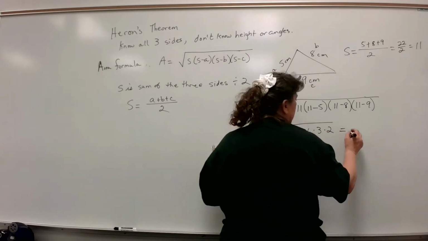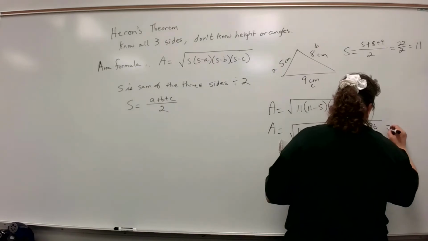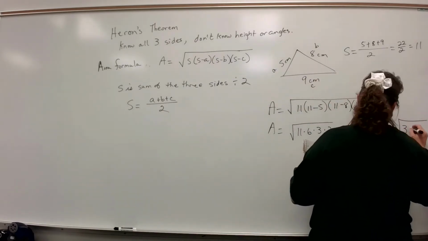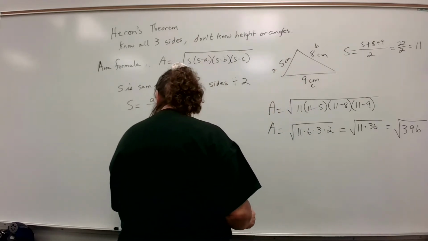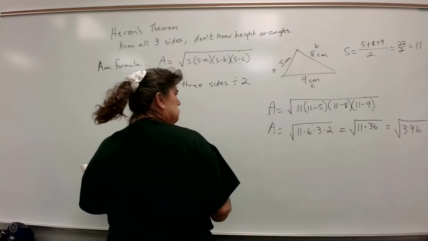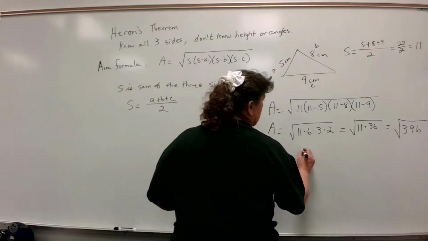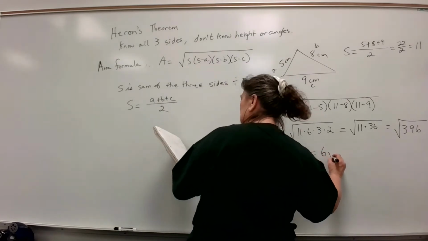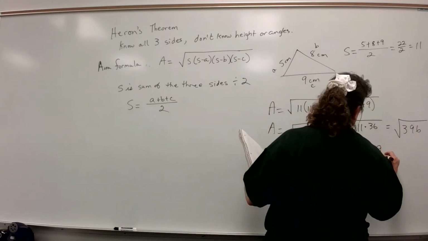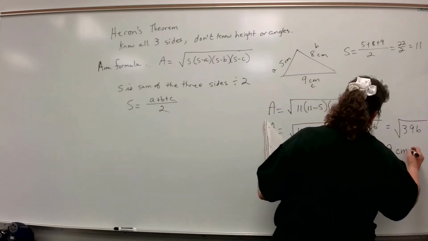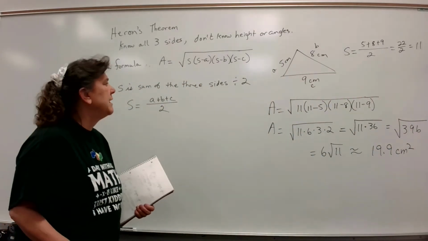And that's equal to the square root of 11 times 36 equals the square root of 396. And the square root of 396 is equal to exactly 6 square root of 11, approximately equal to 19.9 centimeters squared. Okay, so there's one example.